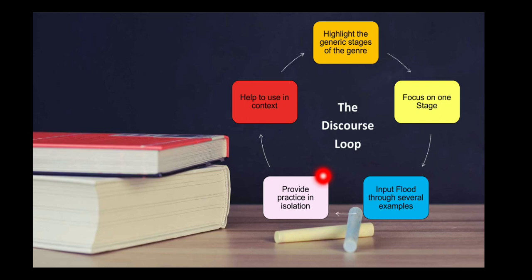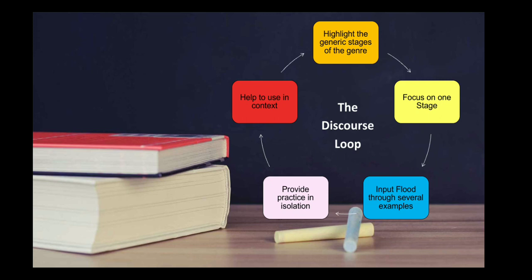So first, you can tell them to write that one particular stage that you are giving them practice in. So they just write the story beginnings, or they change the story beginnings of different stories that they have already read. So they practice only that stage. And then you help them to see how it is used in context.